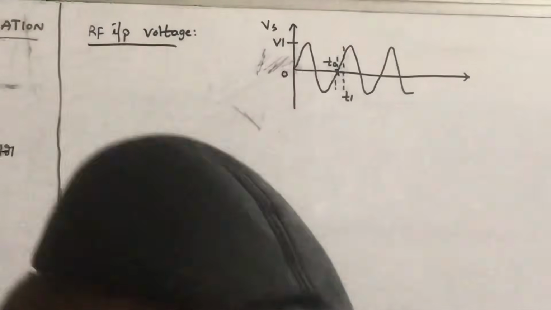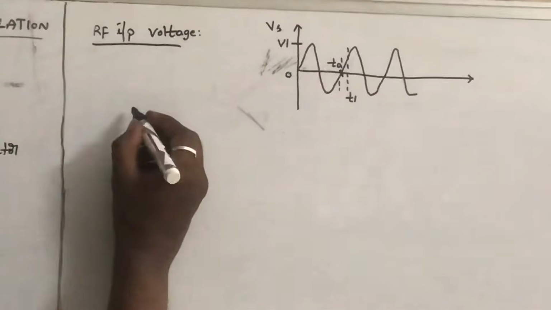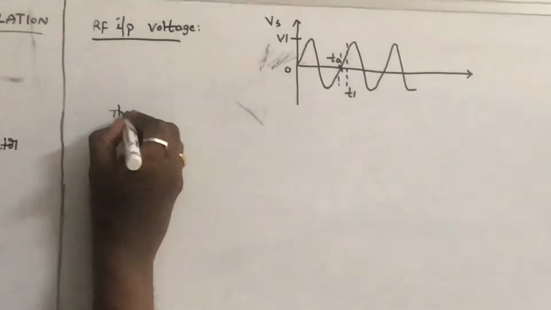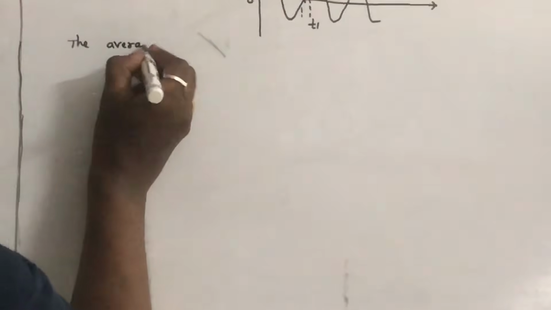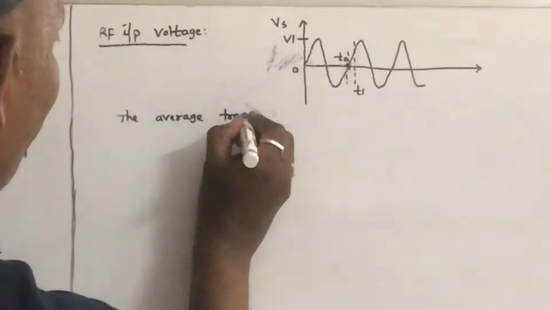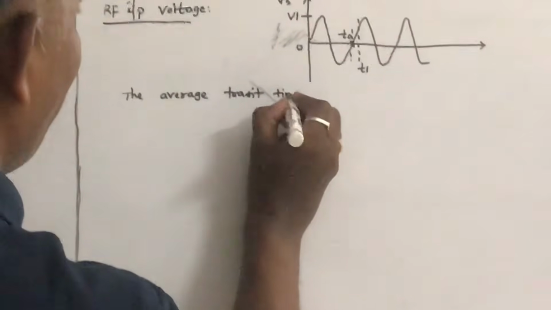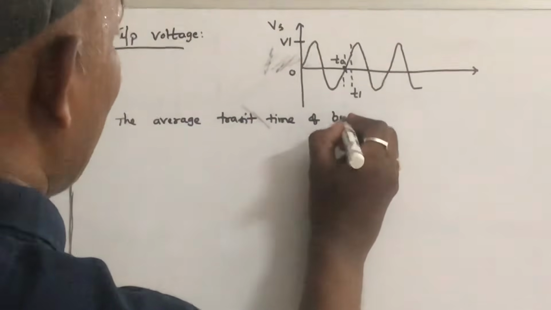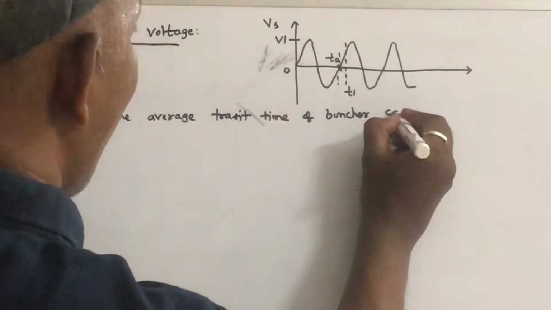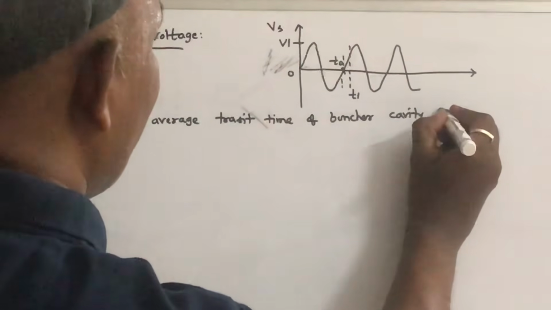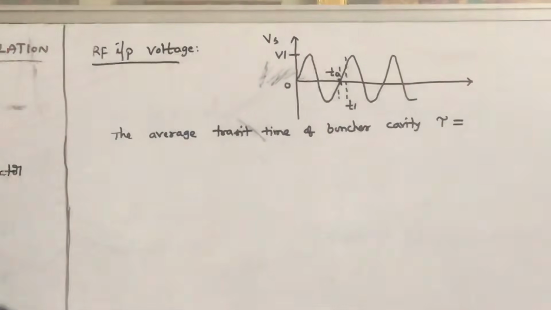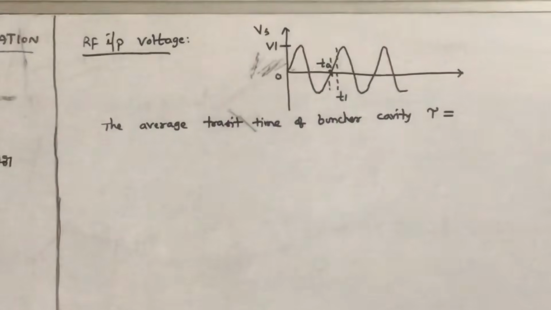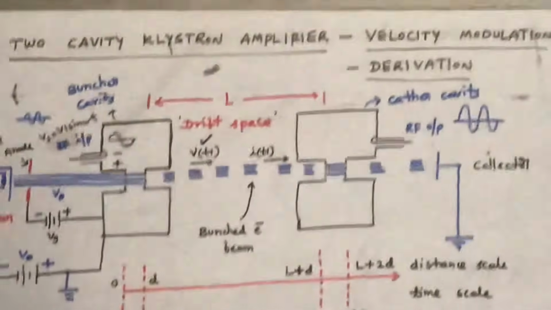Now, before that, let us see the average transit time of the buncher cavity. Remember this, the average transit time of the buncher cavity is represented with tau. So from this diagram, what is the average transit time?